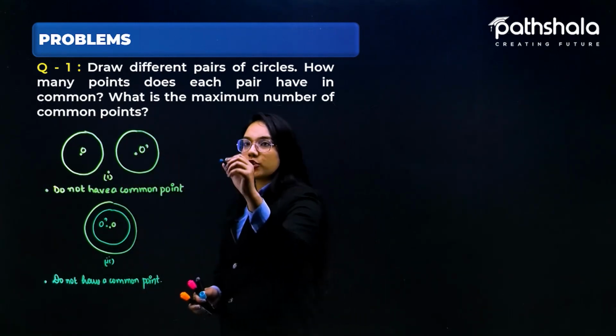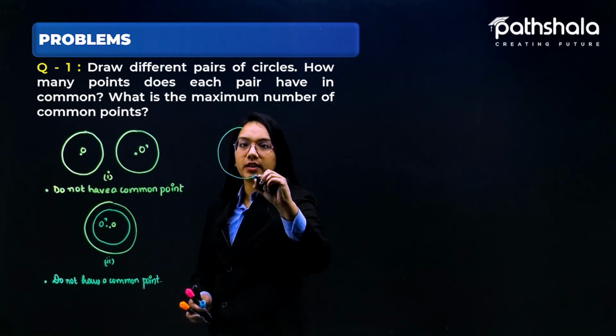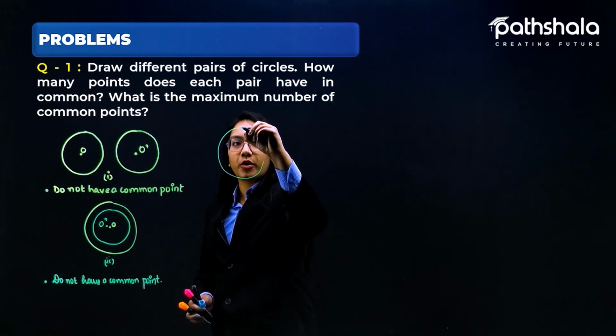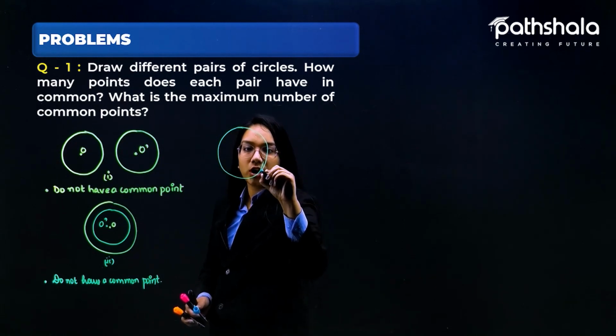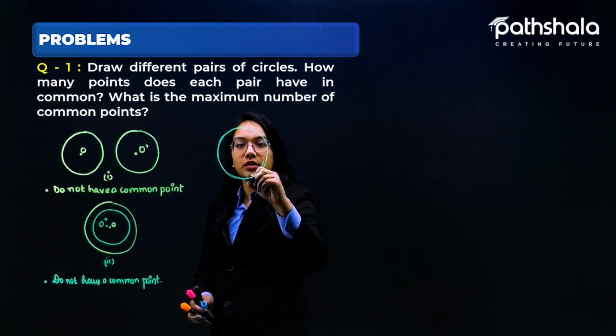Now let us suppose I move on further and draw the two circles in such a way that they intersect each other at a particular point.